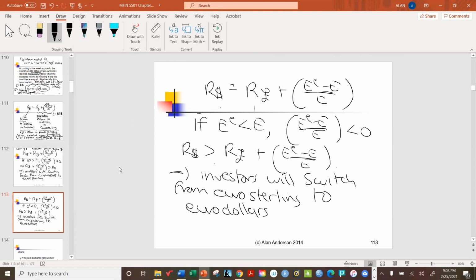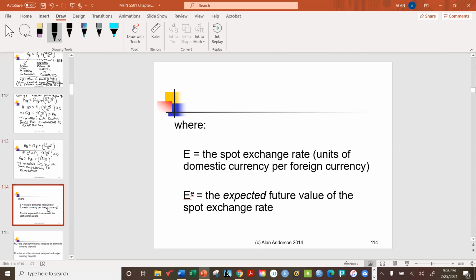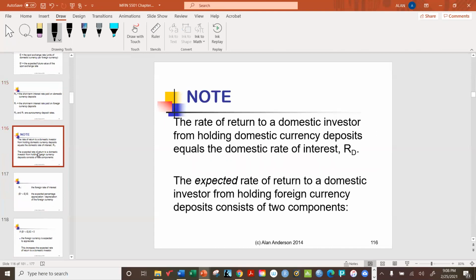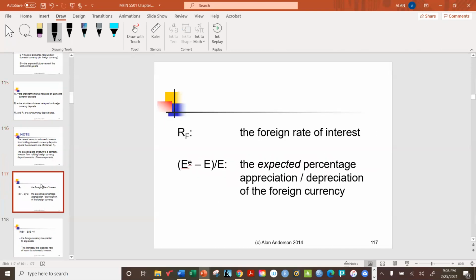All right, now with all that being said, let's go back here and we'll notice that if you look at this equation, the right-hand side is these two terms. This is the foreign rate of interest. In our examples, it's been the British pound rate, but this is the expected percentage appreciation or depreciation of the foreign currency.